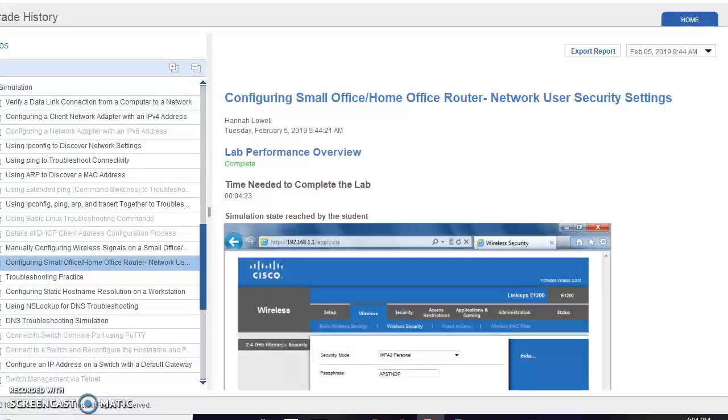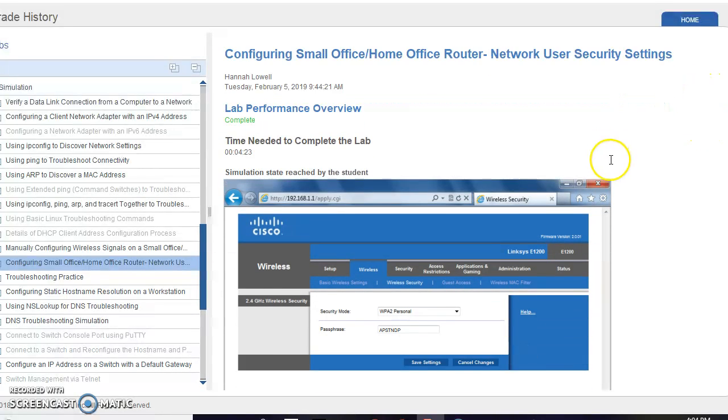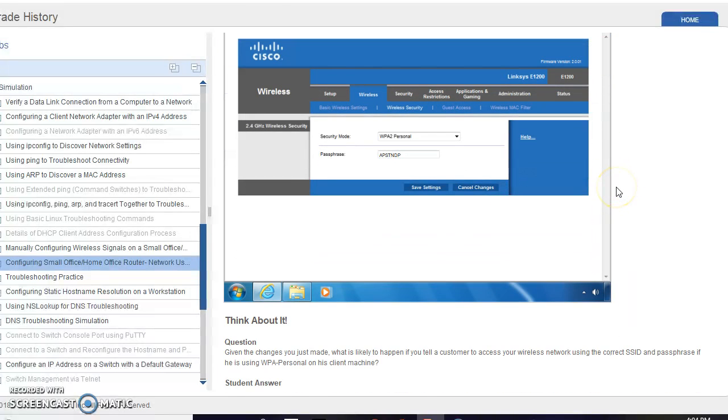Here we have configuring small office, home office router network user security settings.